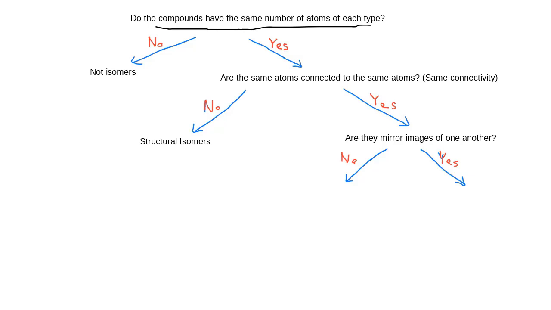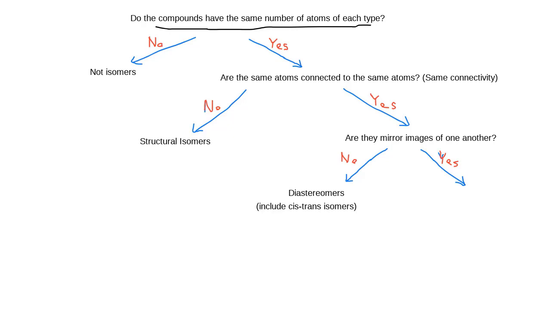And diastereomers include cis trans isomers, but are not limited to them. So diastereomers are not just cis trans isomers; they also include other types of isomers as well.